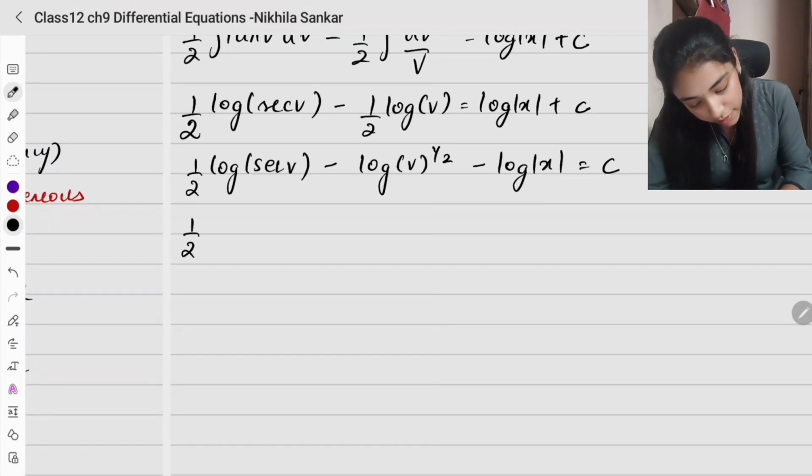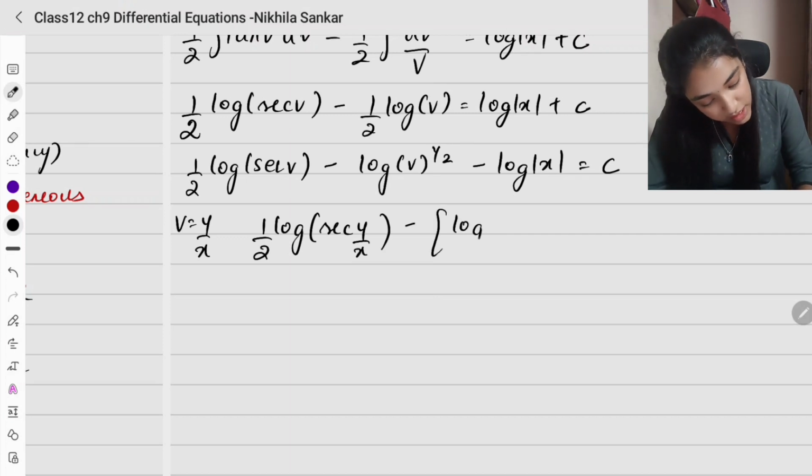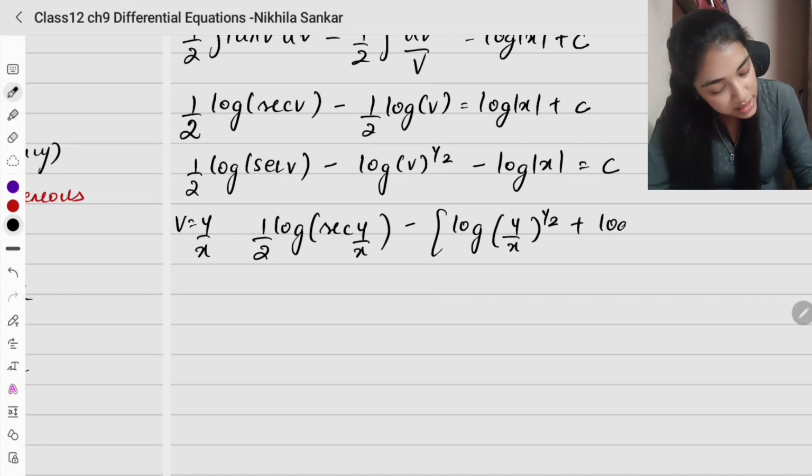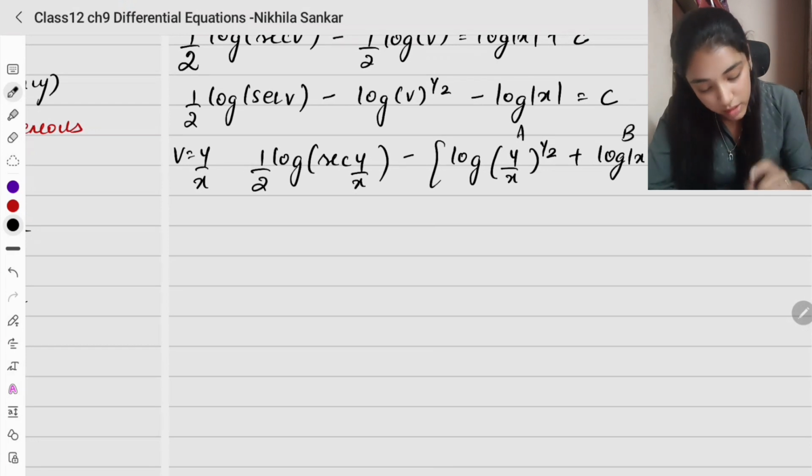Okay, now in place of v, can we substitute? So v equals y by x, right? So half log of secant y divided by x minus, taking common, log of y by x to the power half plus log mod x equals c. Okay, that is the log a plus log b formula. So it is going to be log ab.